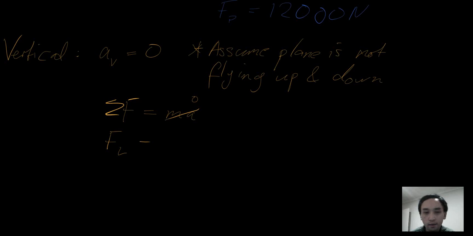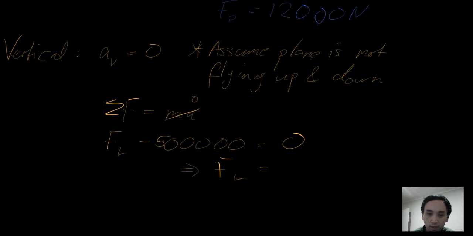So this weight is minus 500,000 newtons. It's equal to 0 on the right hand side. So similar to what we did for the horizontal components, we know that our lift force is actually equal to 500,000 newtons.